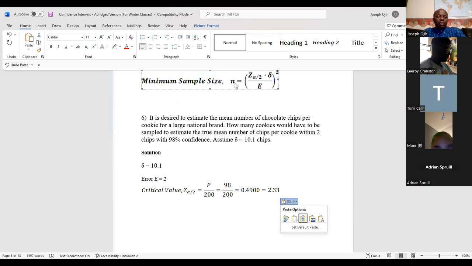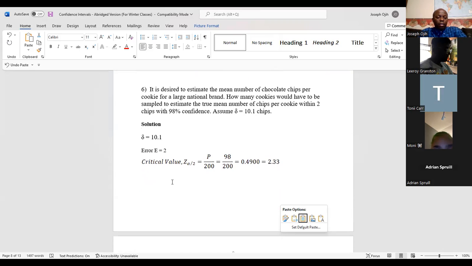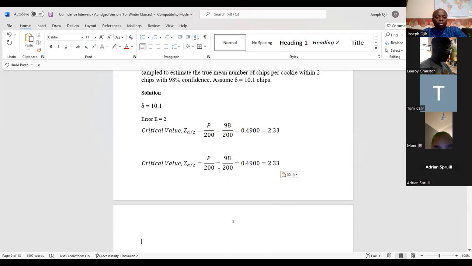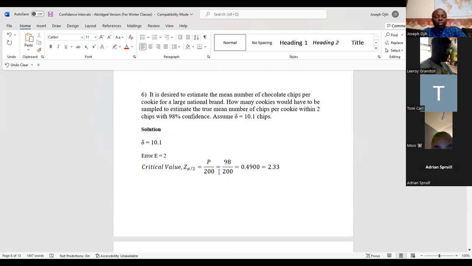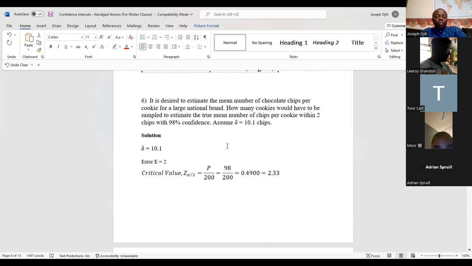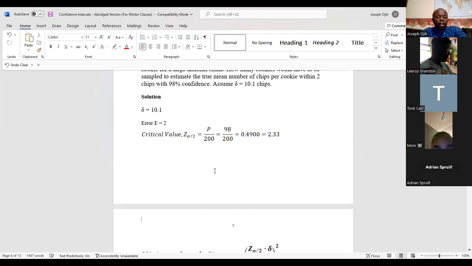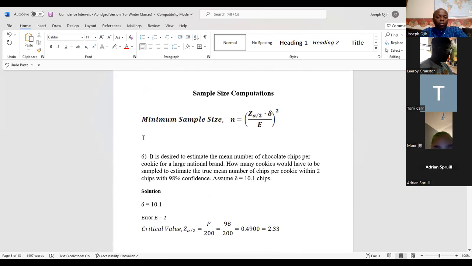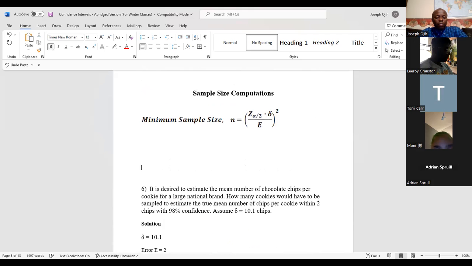The minimum sample size formula is right here. Excuse me, I put the wrong one. It's right here. I'm gonna move this down so we can have enough room for this.